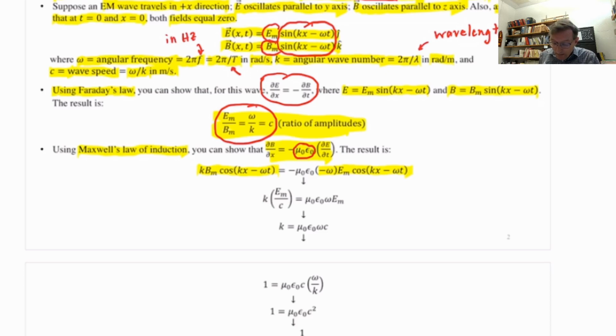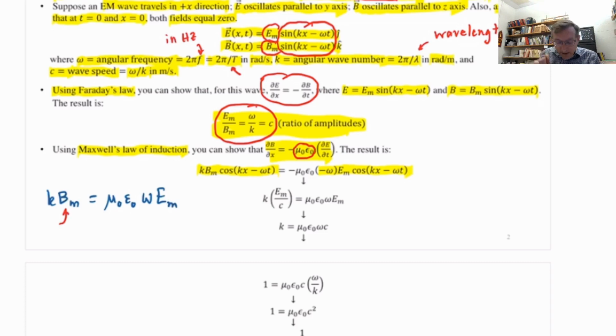So the stuff out front for each one must be the same. Okay? I'll write it over here to the side. k B max must equal mu0 epsilon 0 omega times E max. But then we'll substitute what we just learned, that the ratio of the wave amplitudes equals c.